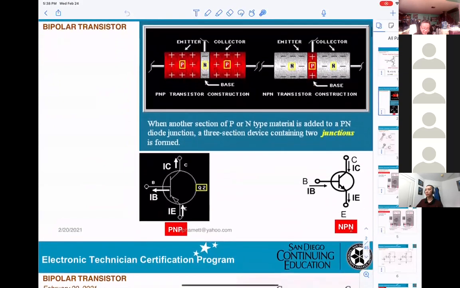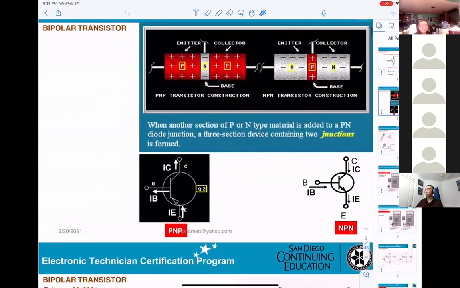Now, this is just giving you a little picture of the physical structure. You can see this is the NPN right here, N here, N here, and the P. So NPN, and this side will be PNP.